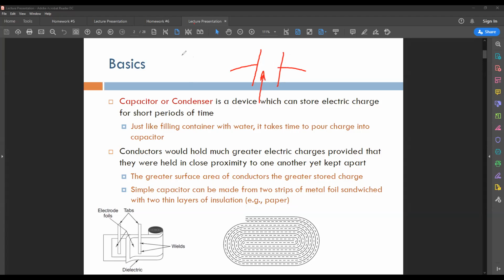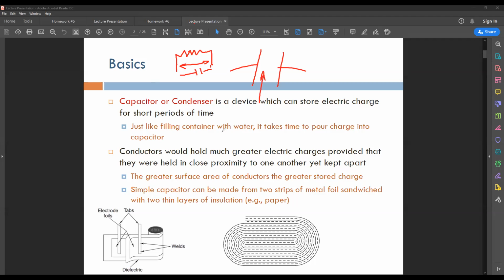For example, if you have a resistance like this, and these two leads are in front of each other, there will be a stray capacitance between these two conductors. So any two conductors with a dielectric in the middle constitute a capacitor essentially.